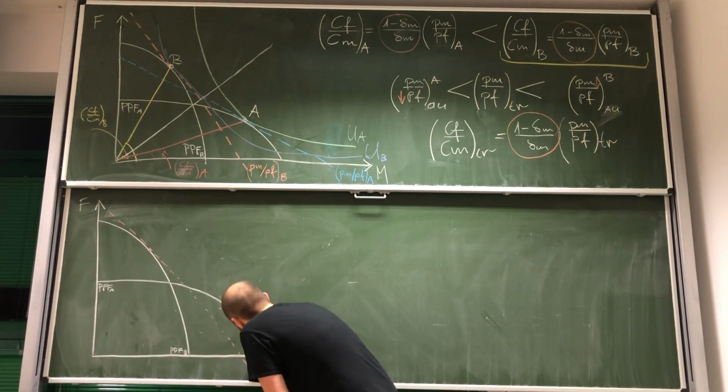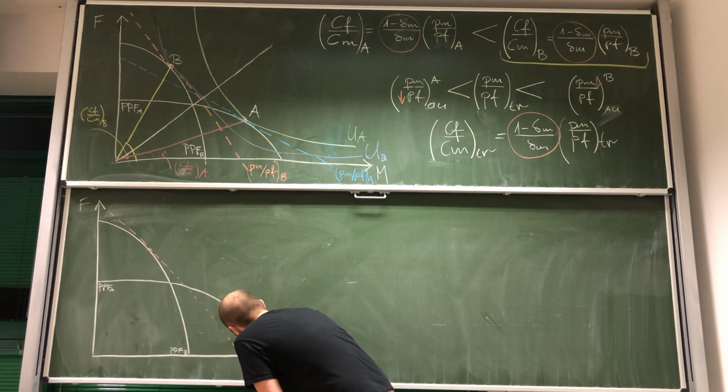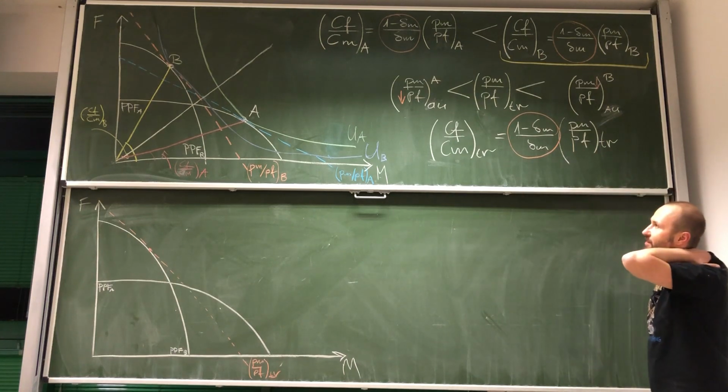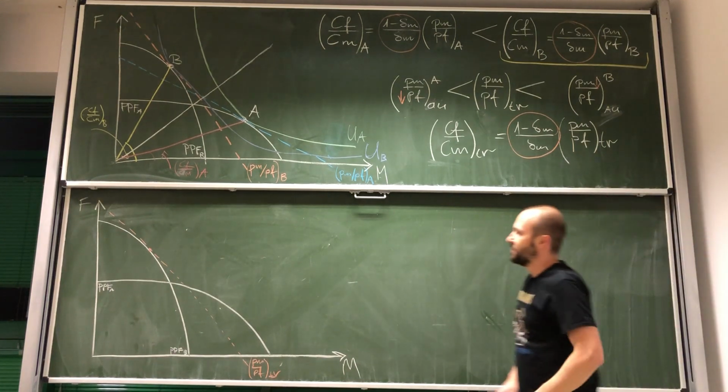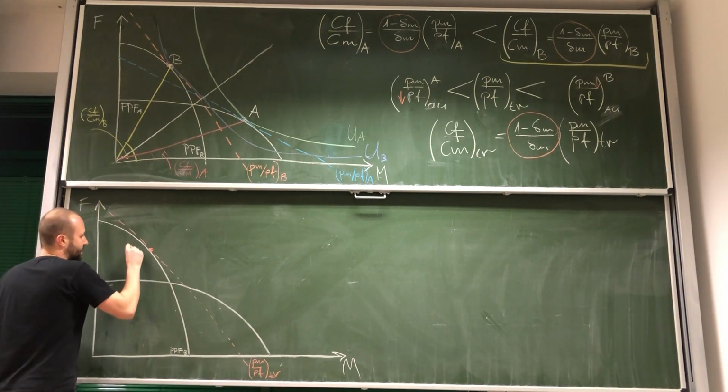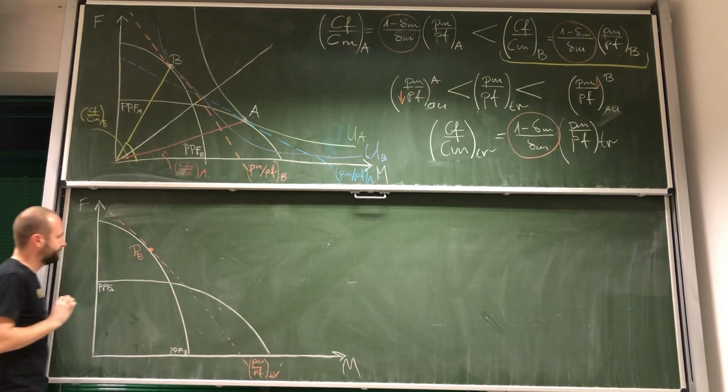Okay, so we've got that this is PM over PF with trade. And now, look, the problem is from this, I can only establish production equilibrium for Bolivia.